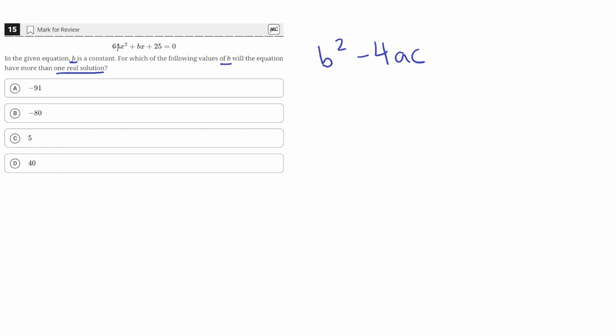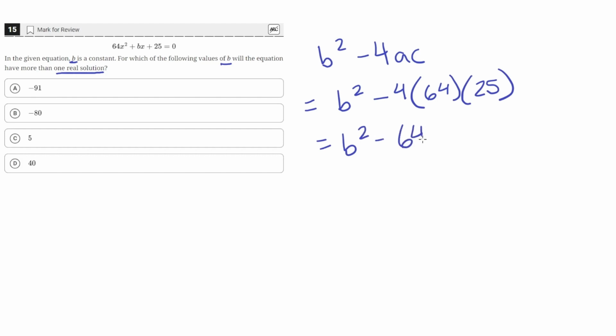A is the coefficient of the x squared term, and c is the constant. So the discriminant here is equal to b squared minus 4 times 64 times 25, which is equal to b squared minus 6400.